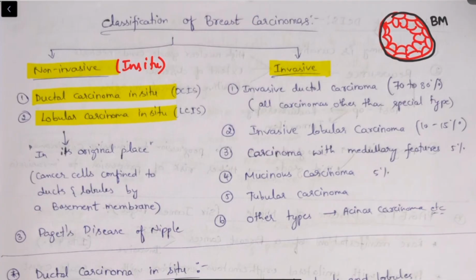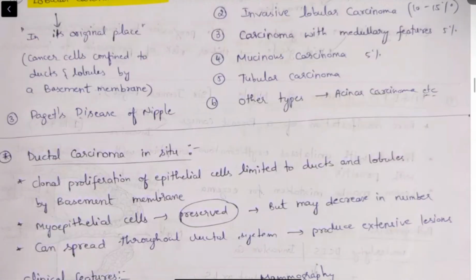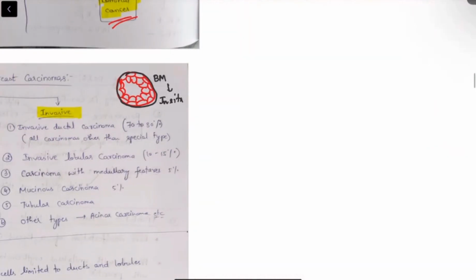It is not breaking this basement membrane. In that condition, it is called carcinoma in situ. Okay, if it breaks this, then it becomes invasive carcinoma. It can spread to wherever it wants. Similarly, within this duct, again it can be a ductal carcinoma in situ or lobular carcinoma. So this diagram becomes most important.